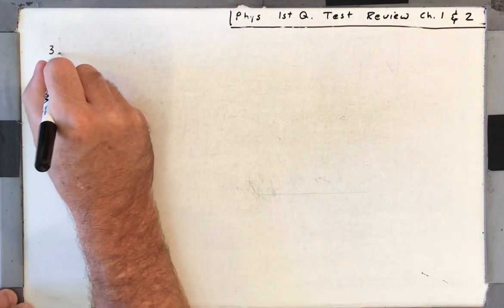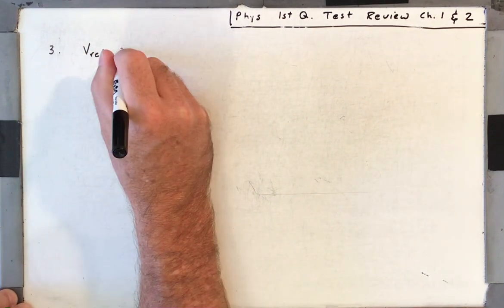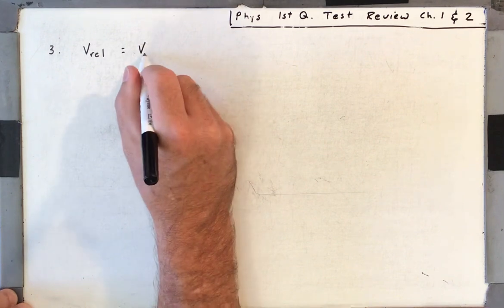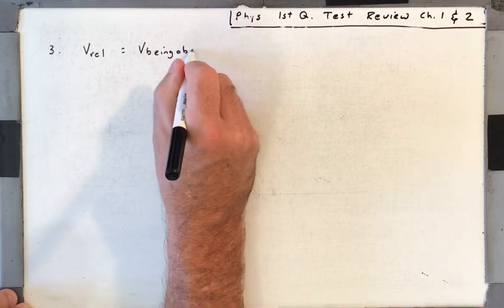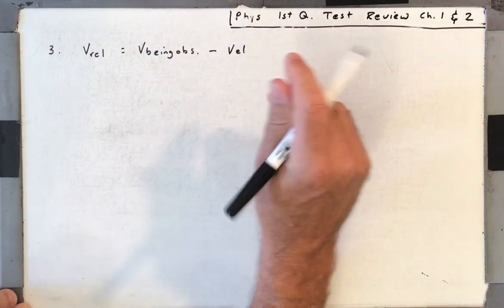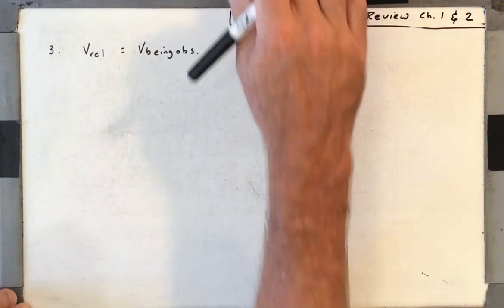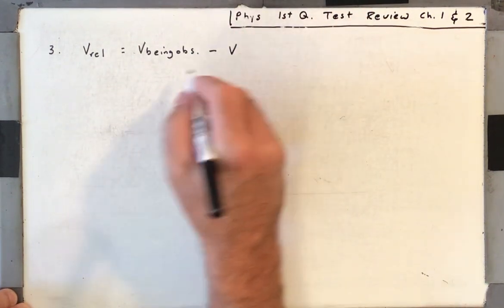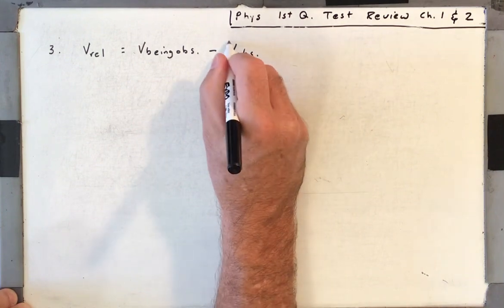All right, number 3. Well, we need to remember that the relative velocity is equal to the velocity of what is being observed minus the velocity of the observer.